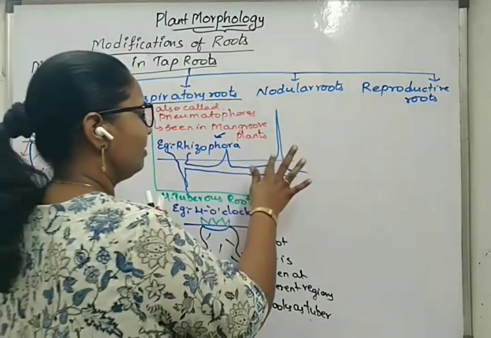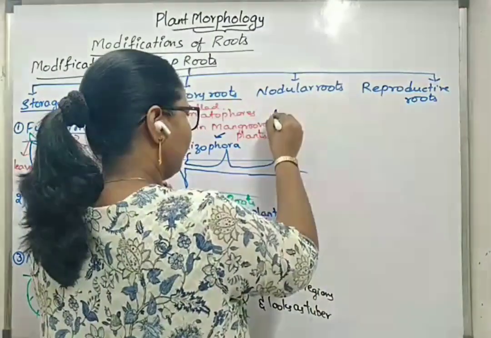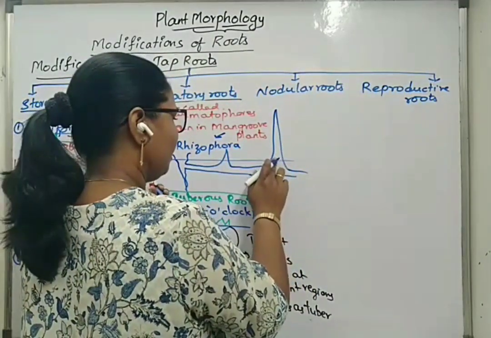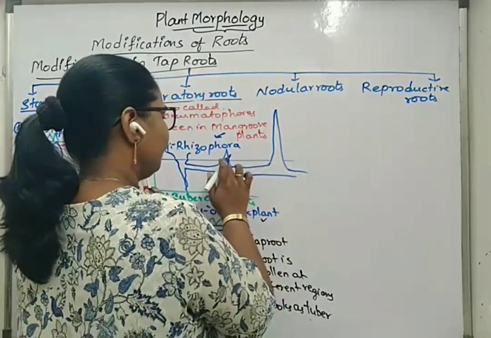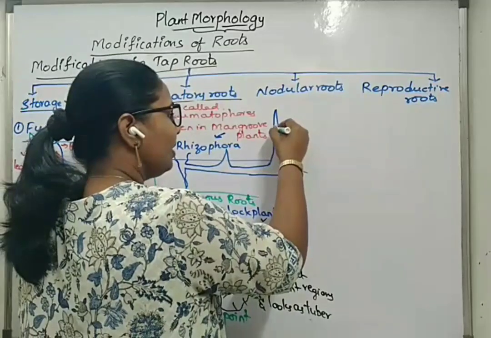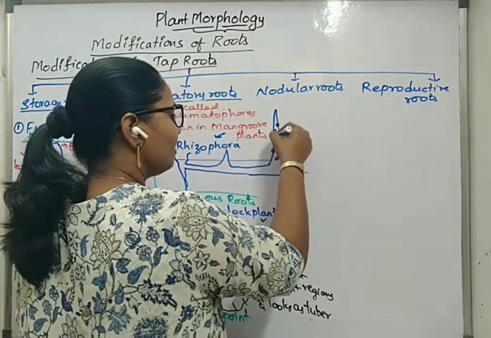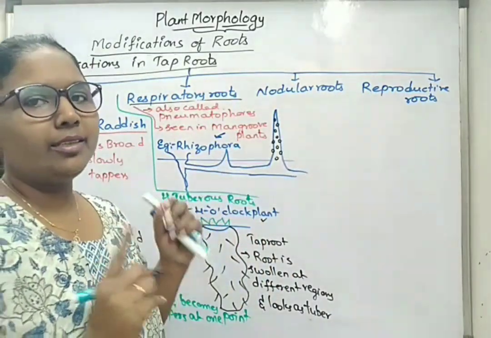These roots will be having some pores. For aeration only, these are present.